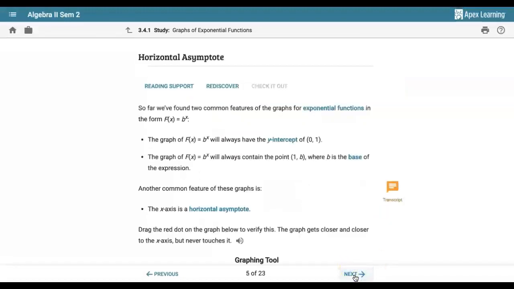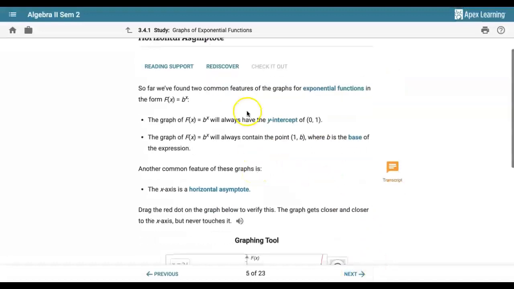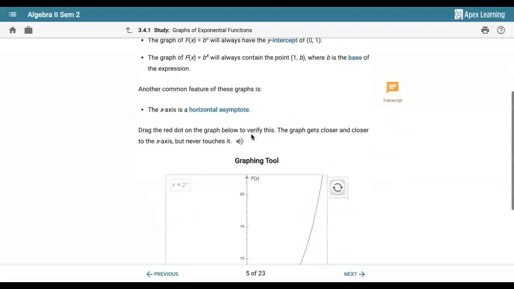So we've identified 2 really good common features that are going to help us. Another one is the horizontal asymptote. We introduced ourselves to vertical asymptotes, which are lines that the graph does not cross. It gets really, really close to touching, but it never actually touches. We have the same thing here with our horizontal asymptote.